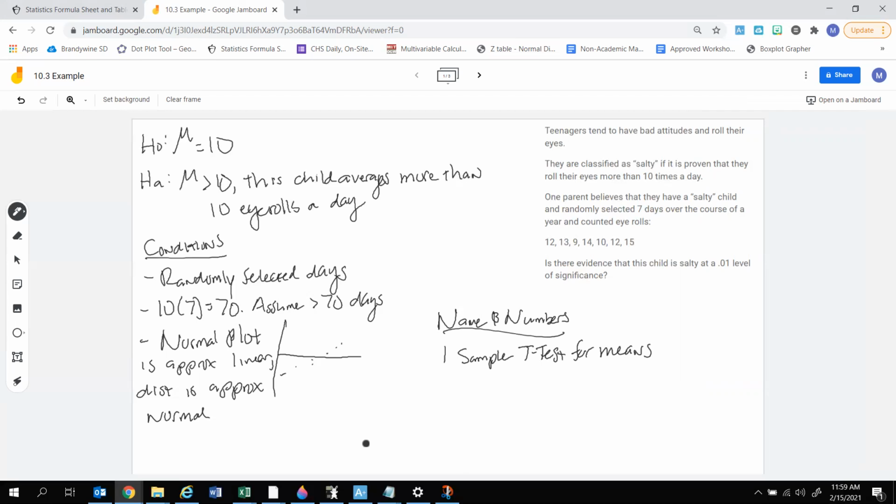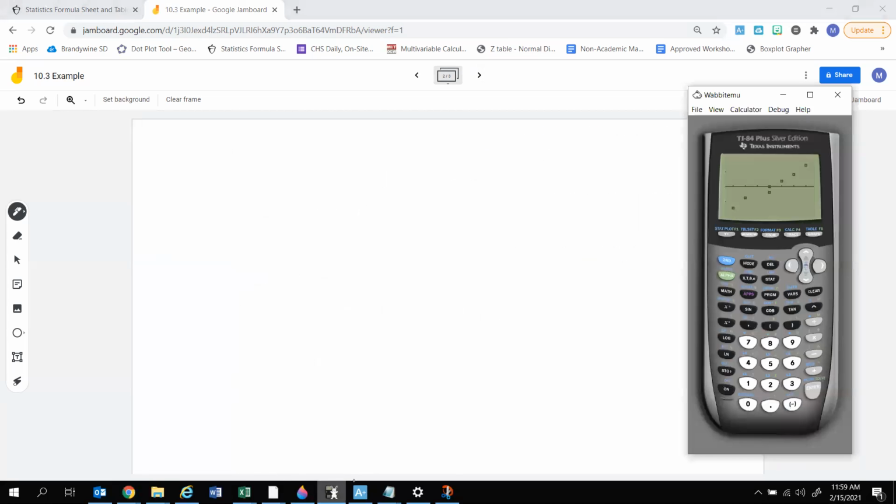All right, as for numbers, let's go to the next page and start looking things up. To get these numbers really quickly, I'm just going to run this test. When you run a test, it gives you everything you need to know. So I'm going to go down to t-test. Oh my God, I went right past it. T-test. All right.